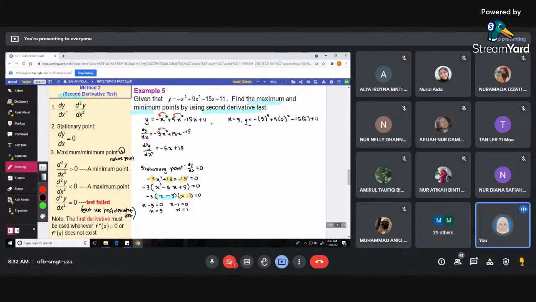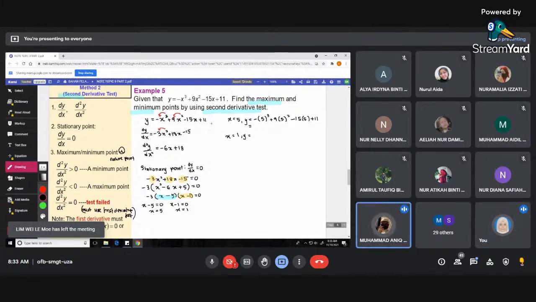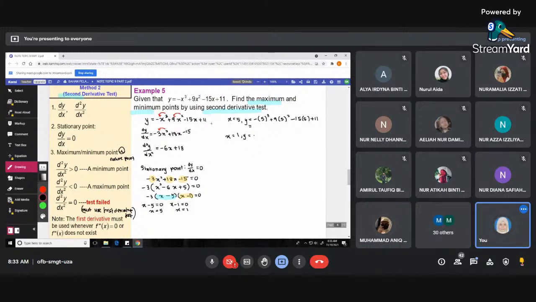Apa jawapan you all? Cuba kira dapat berapa? Lepas tu ganti juga X sama dengan 1. 36. Ya.